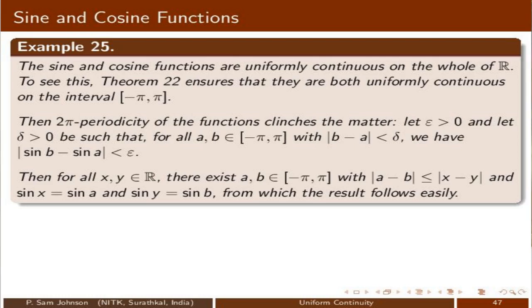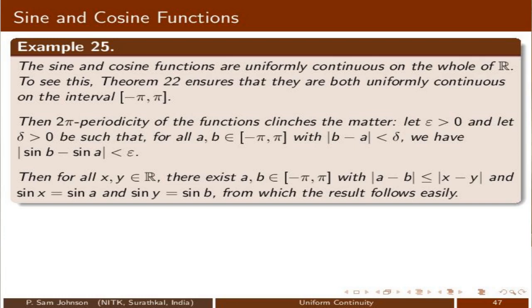If I choose any other points x and y in R, then we can find a and b in the interval -pi to pi such that modulus of a minus b is less than modulus of x minus y, and sin x is sin a, sin y is sin b. Therefore the same delta is suitable for any x and y. So this proves that both sine and cosine functions are uniformly continuous on the whole real line R.